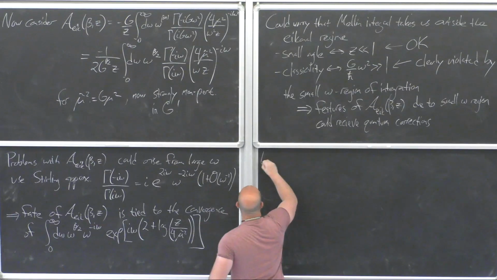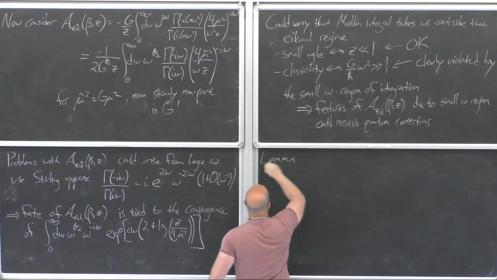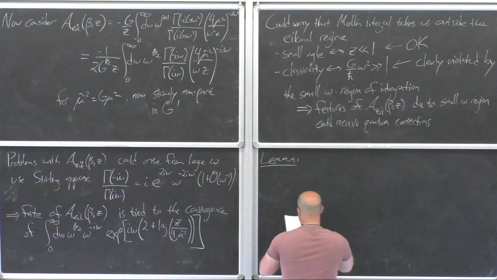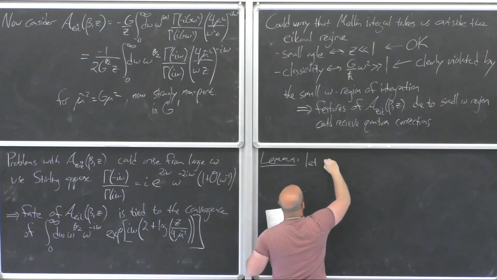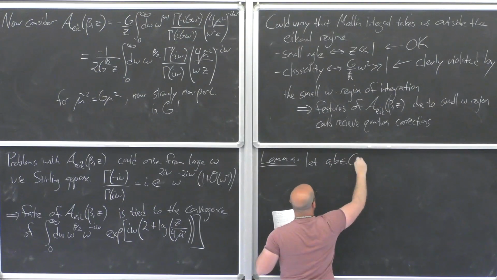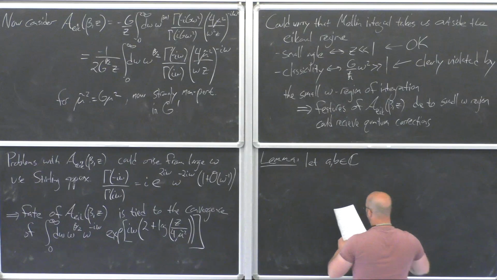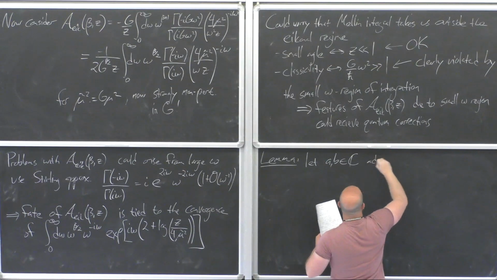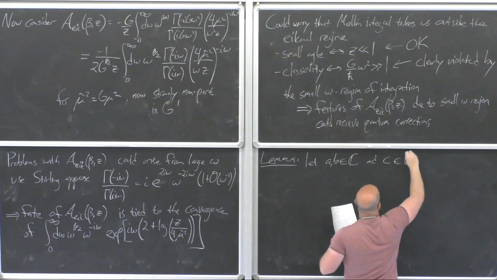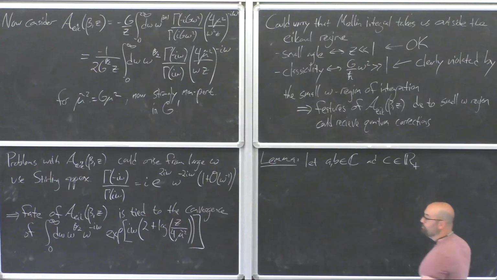Lemma. Let a and b be any two complex numbers, and c be a positive real number.